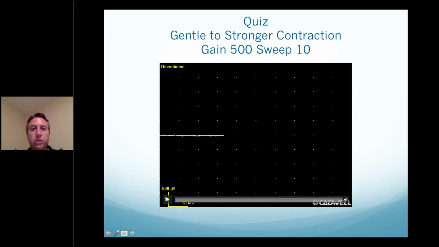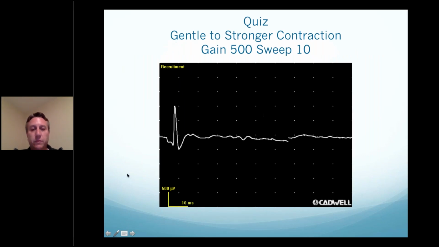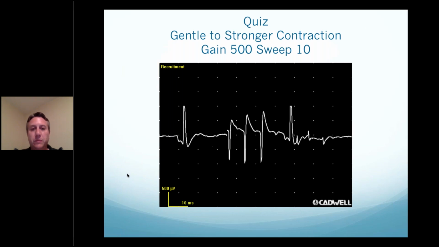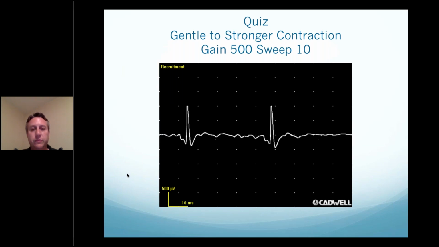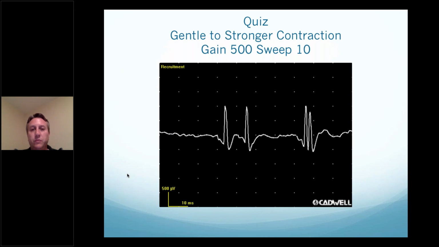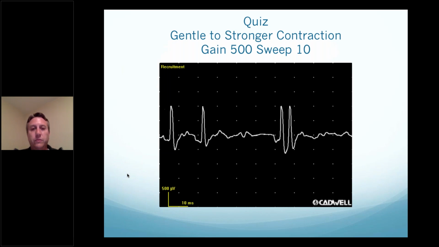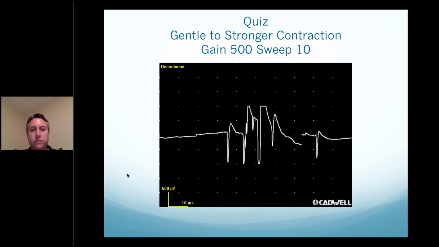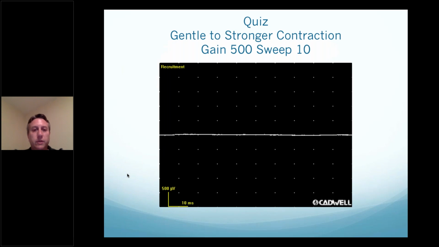This is a gentle to a stronger contraction, gain of 500, sweep of 10. So what do you think?